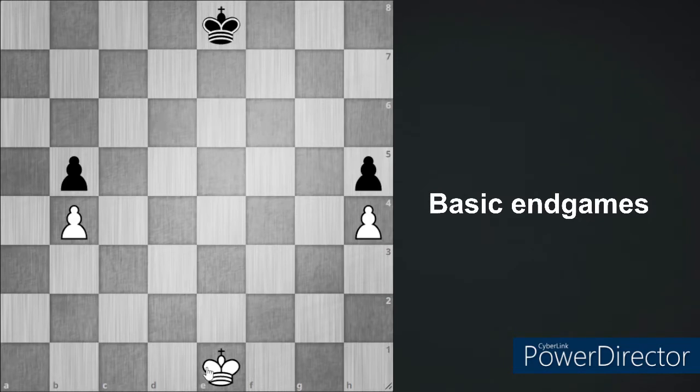Let's see. This is the position, and if it is white's move, white wins, and if it is black's move in this position, black wins. If you remember my last distant opposition chapter, then you would understand how to get this distant opposition.